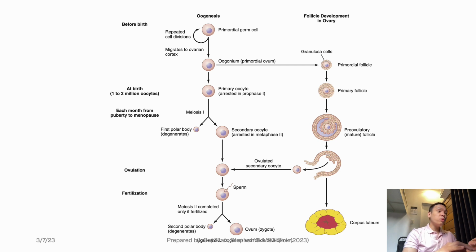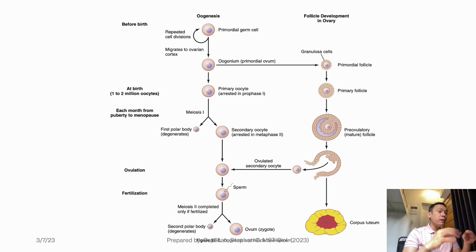The oogonium will become the primary oocyte during birth, and then in follicle development in the ovary, it will be covered with the granulosa cells, becoming a primary follicle, will become a pre-ovulatory mature follicle, and release the ovulatory secondary oocyte, which will be met by the sperm.